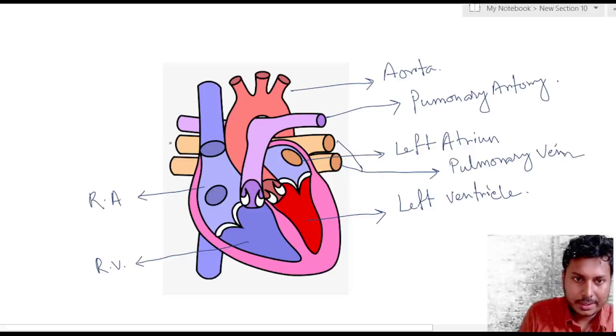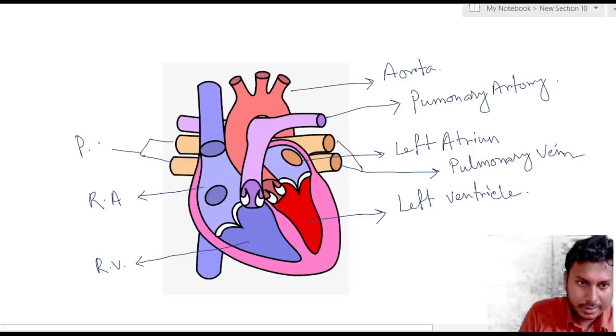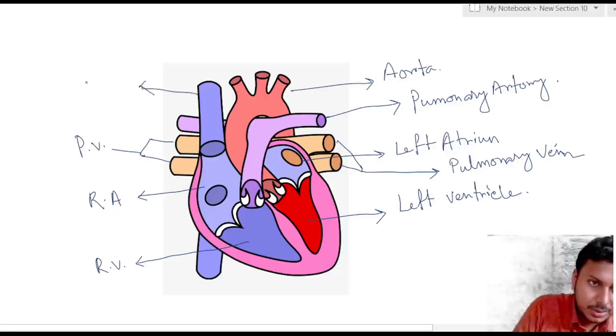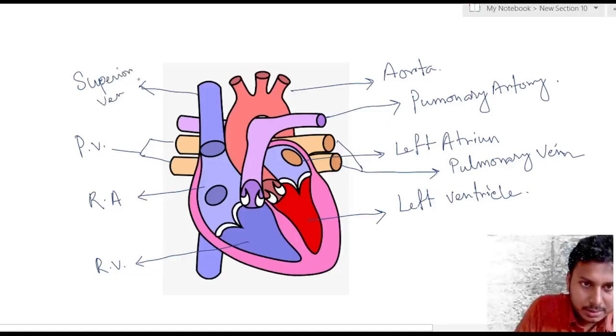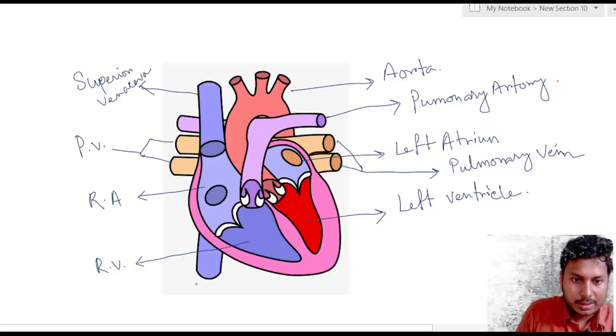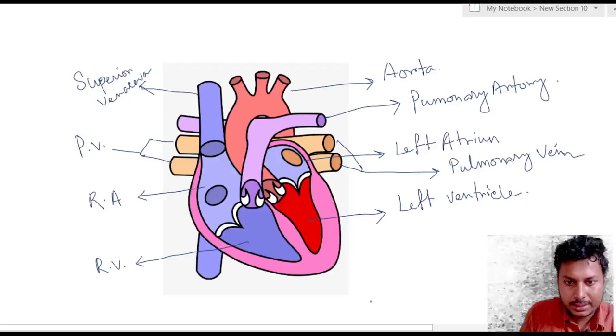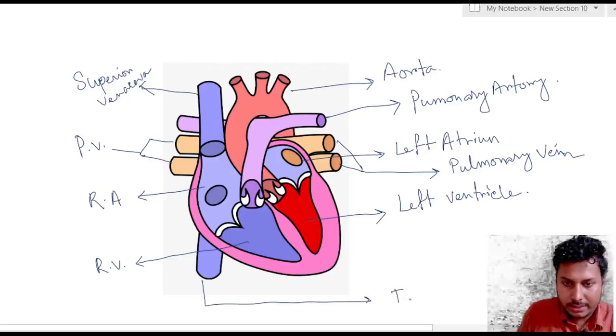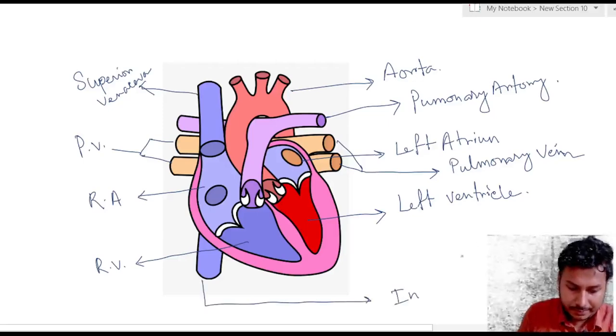And these two are also the pulmonary vein. This is the superior vena cava, and similarly this is the inferior vena cava.